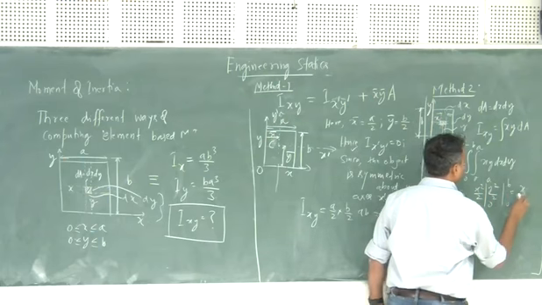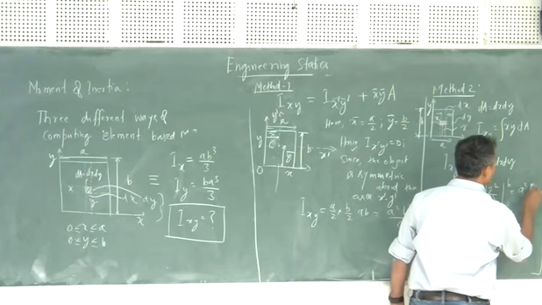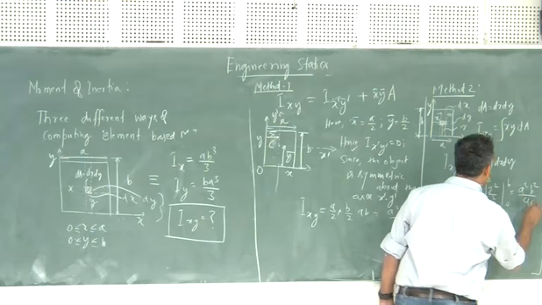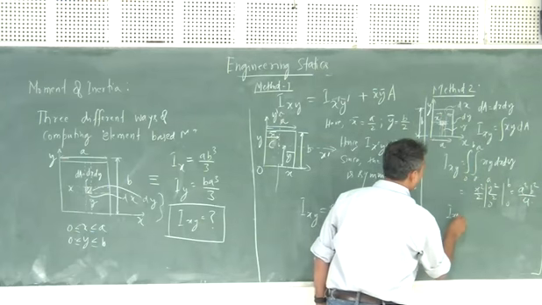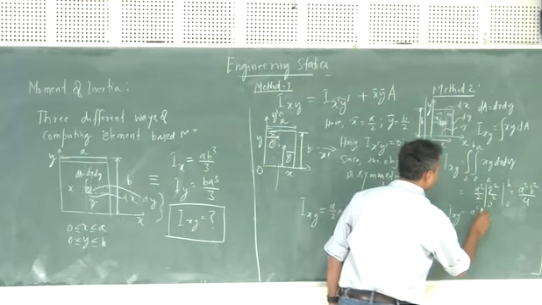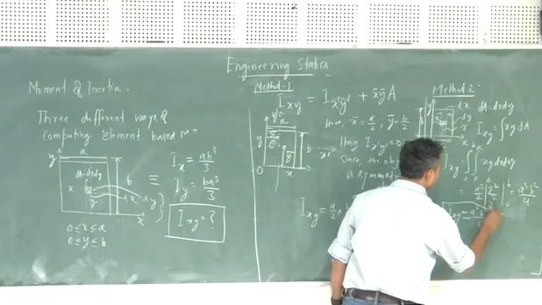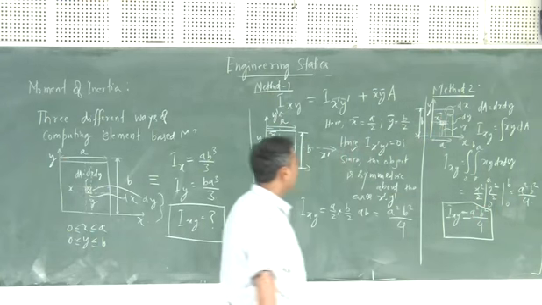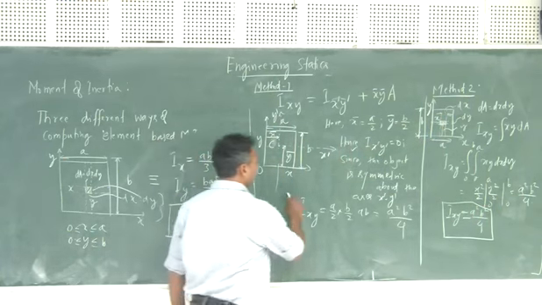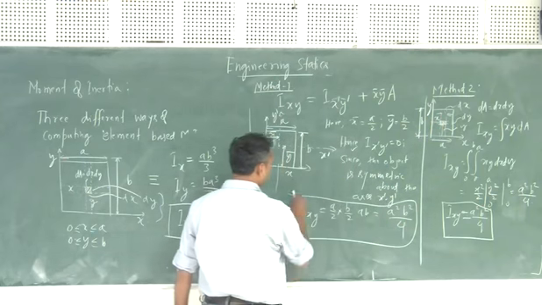Integrating, we get a squared b squared by 4. This is how it works. So you can see that from both these methods, the two results agree.